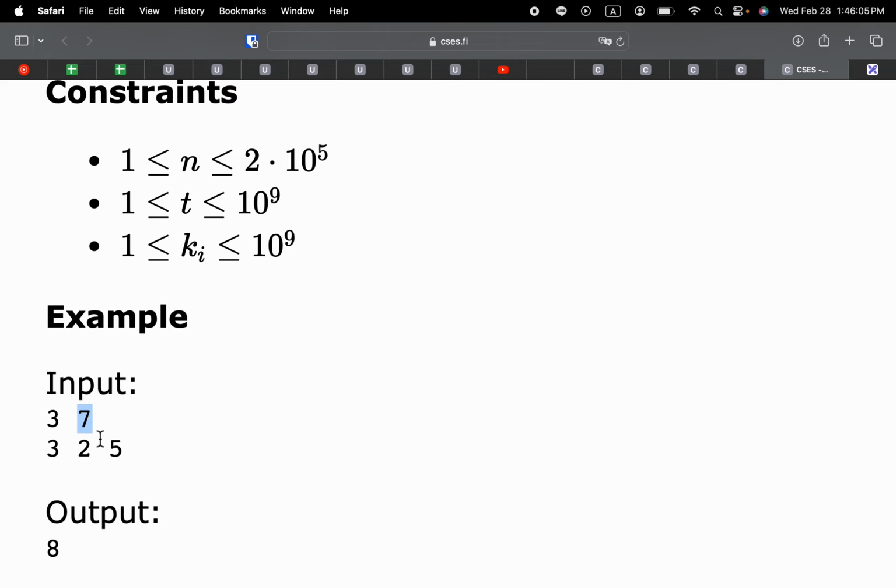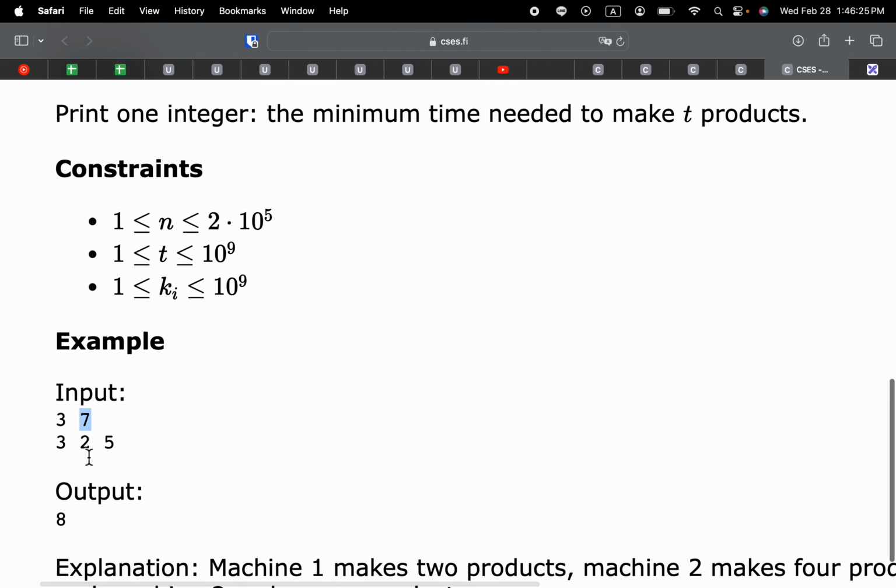Do you need hints? Make all the machines run. How do you want to run? And what time? So, let's talk about this a little bit concretely.